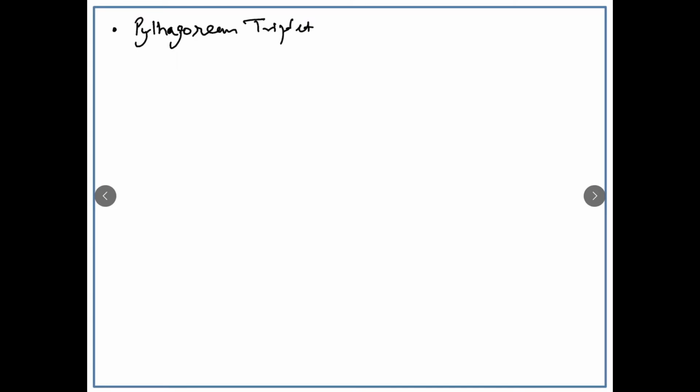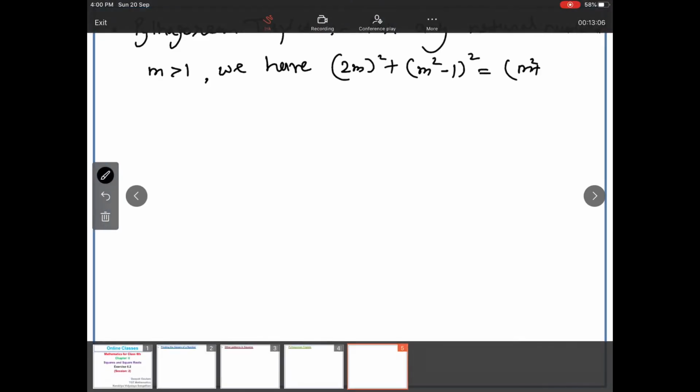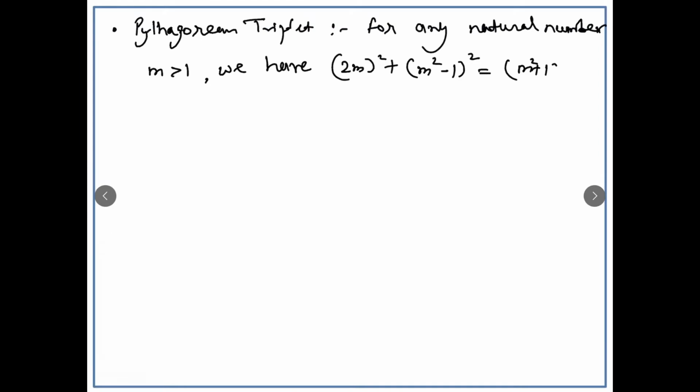It says that for any natural number m greater than 1, we have 2m square plus m square minus 1 whole square is equal to m square plus 1 whole square.